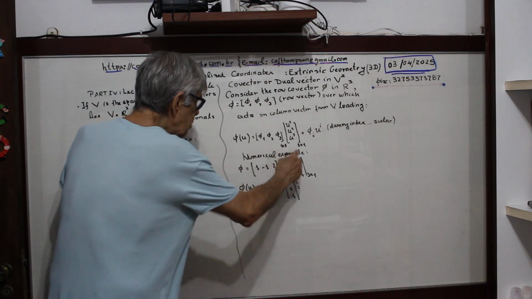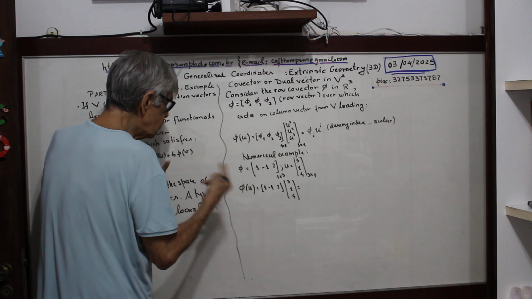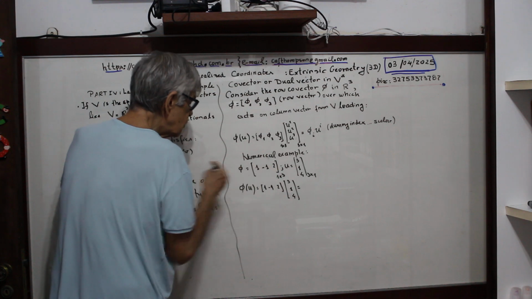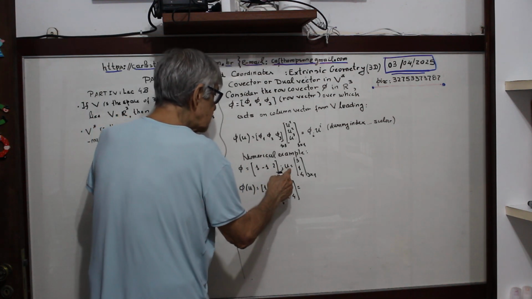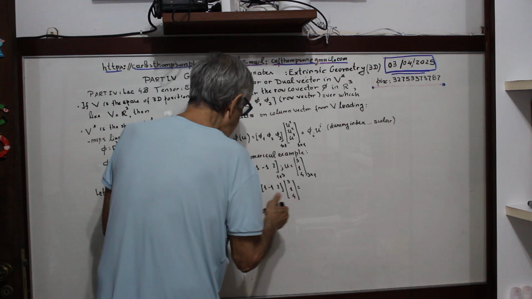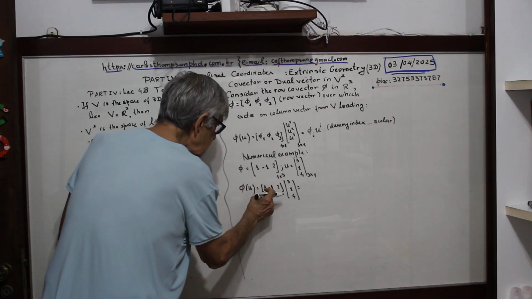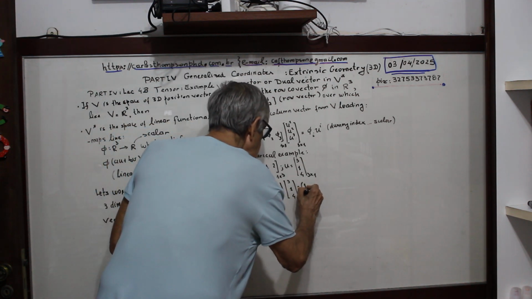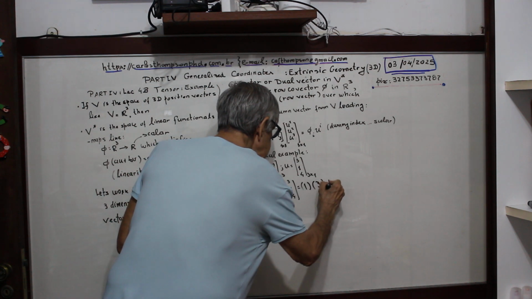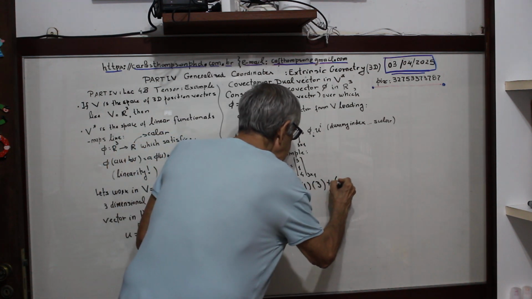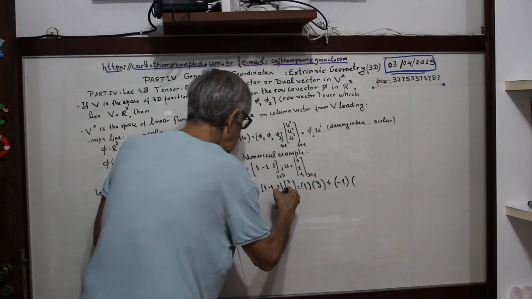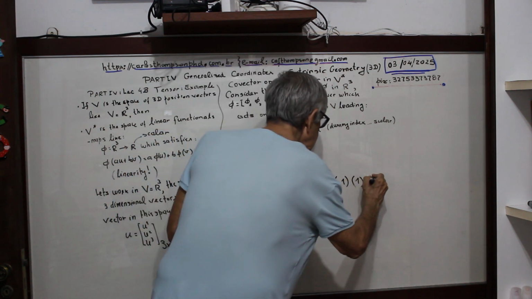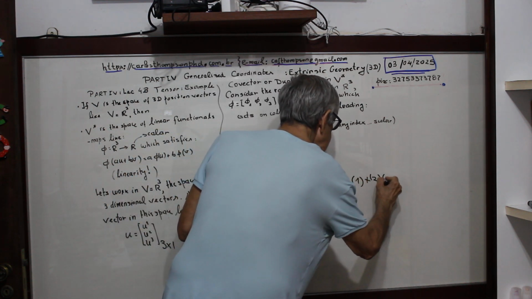Now, a numerical example. In R3, suppose the components of this dual vector are 1, minus 1, and 2, and the components of this vector are 3, 1, and 4. So I multiply this row by the column. This will be 1 times 3 plus minus 1 times 1 plus 2 times 4.